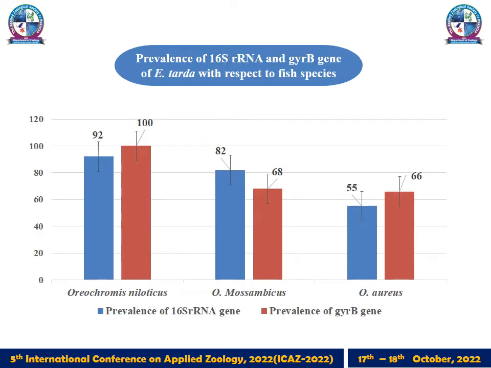And this shows the prevalence of the 16S rRNA gene and gyrB gene with respect to fish species, and maximum prevalence was recorded in Oreochromis niloticus, which shows 100% against the gyrB gene.